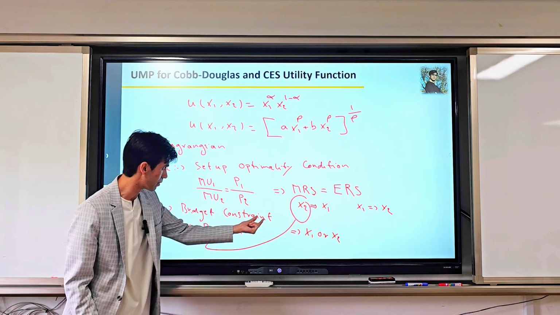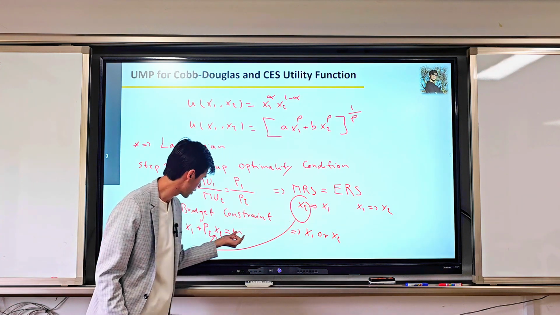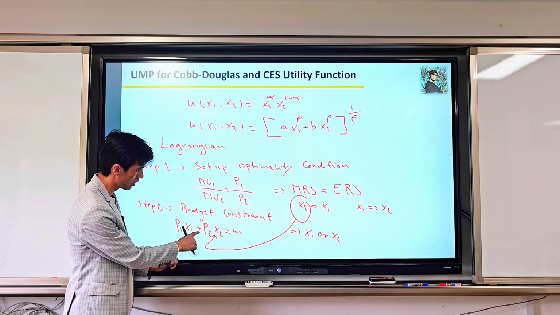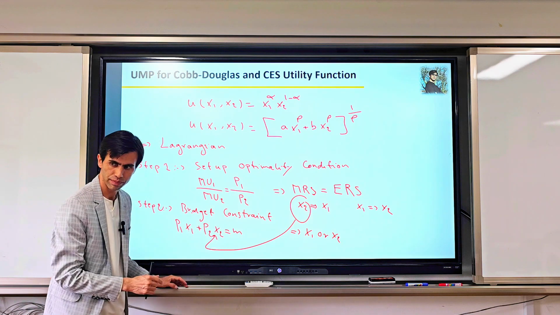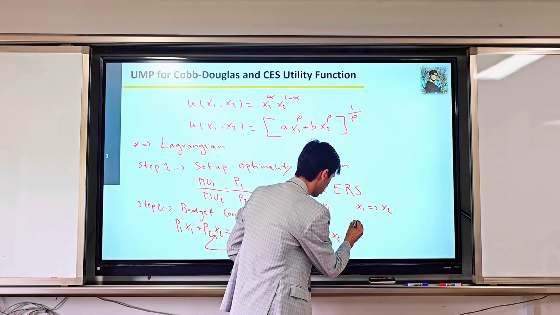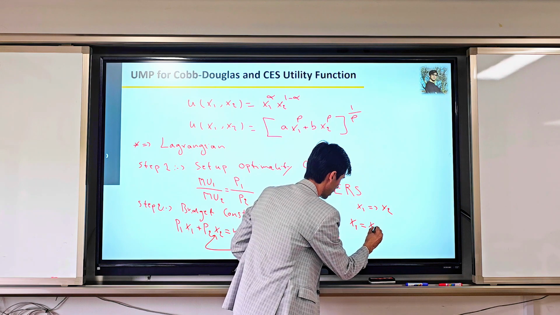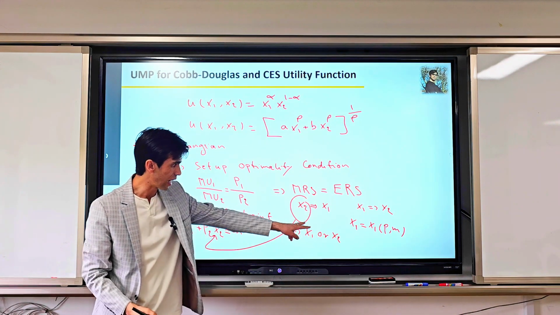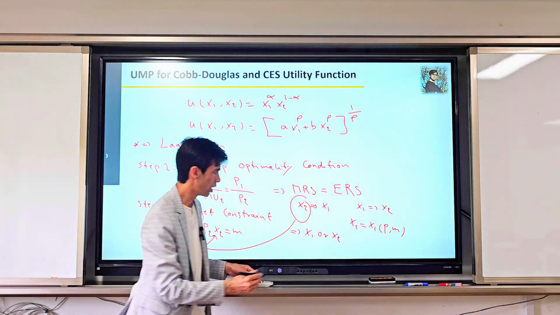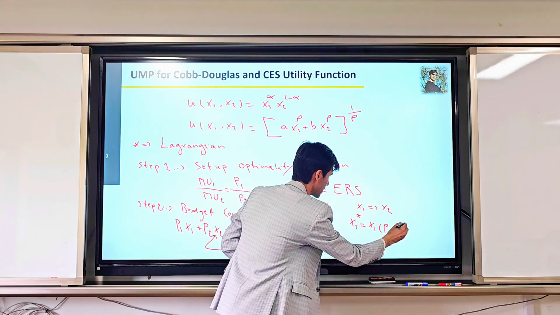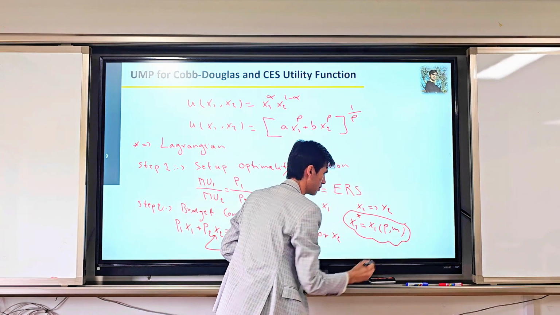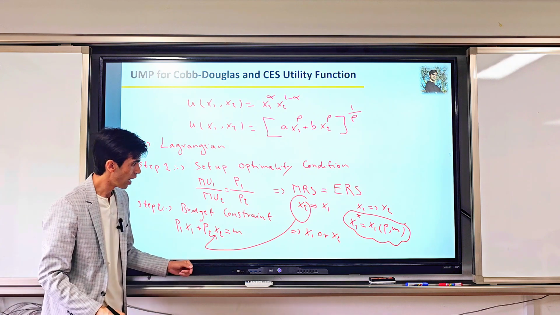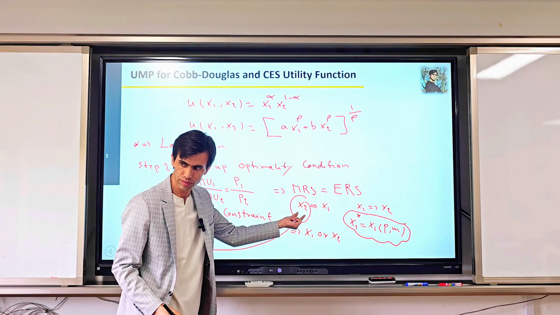So when we substitute x2 as a function of x1 instead of x2 here, then we will only have x1, p1, p2, and m. Then simply we can find x1 as some function of p and m. So when we found x1 as a function of p and m, that x1 is the utility maximization bundle. So then, how can we find x2?